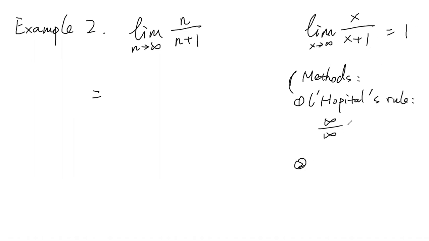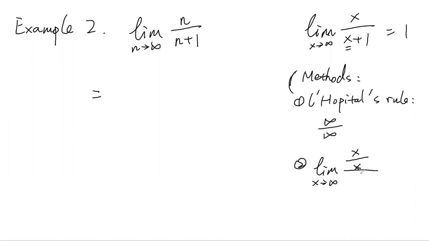Or you can do what we have done for limits involving infinity. You can divide both the top and the bottom by the highest power or highest degree term. So in this case, the highest degree is x.